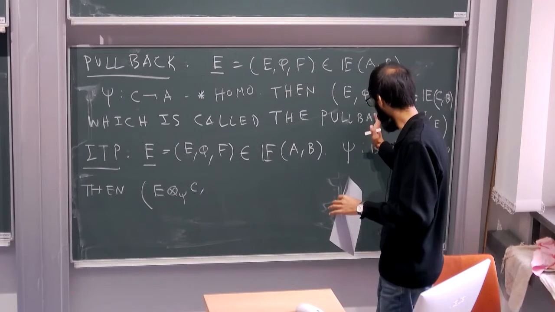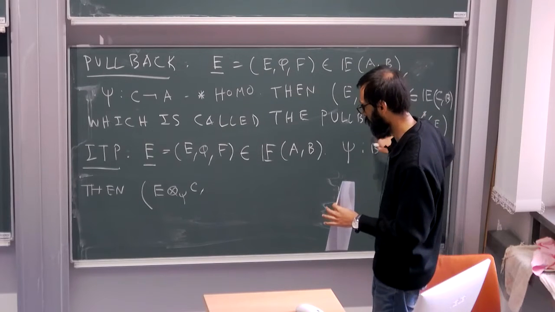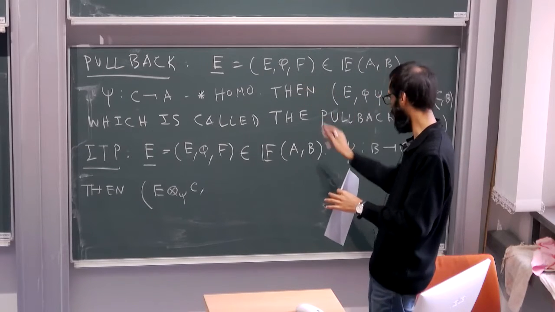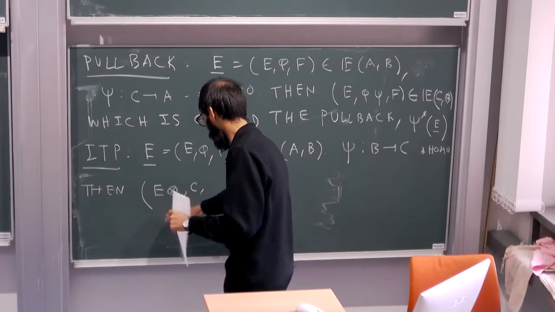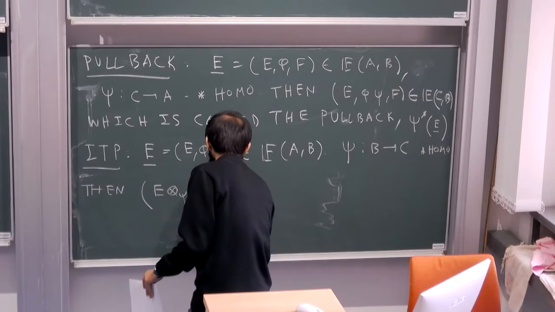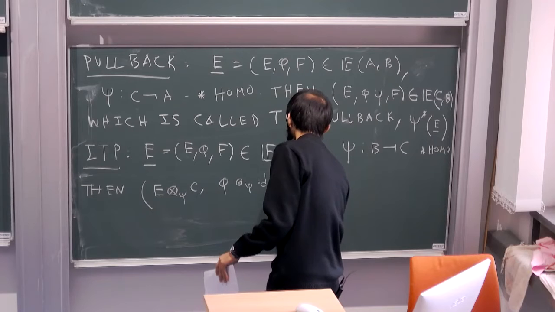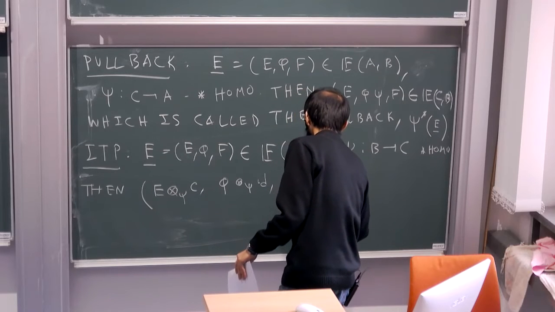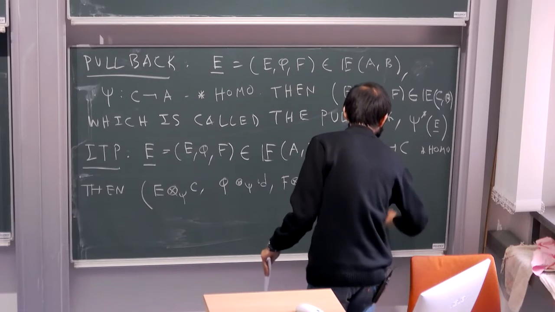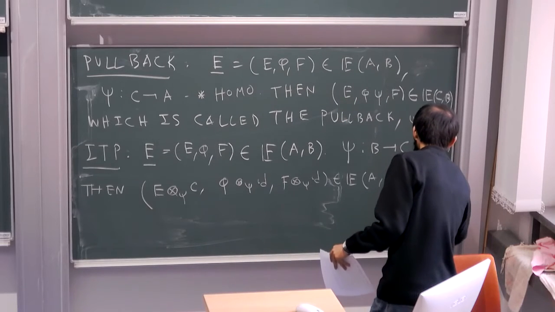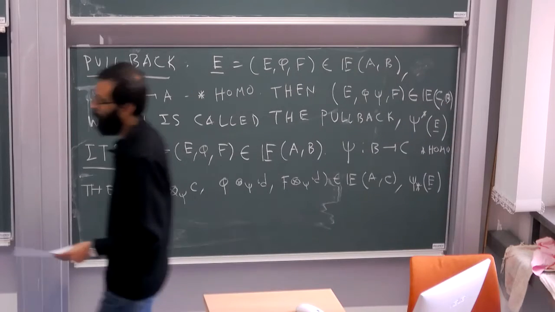If you have an adjointable operator on this module over B, then I could have the identity on the second component, and that will be a morphism on the internal tensor product E tensor C. So this lands on, and it is written as psi lower star of the class.